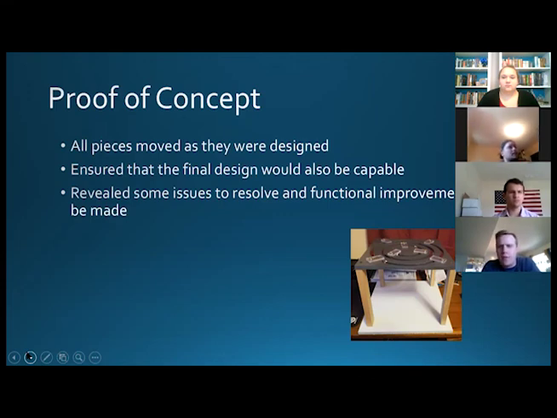So this proof of concept also revealed some issues that we found. Firstly, having to deal with the way that the rings were mounted. We used hardware that would unfortunately make contact with some of the clamps and the braces.